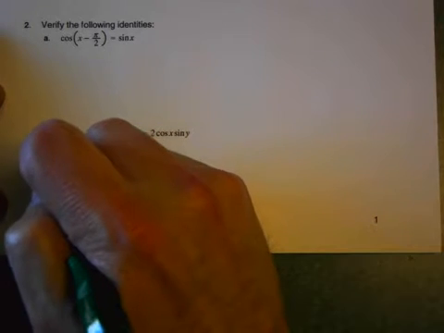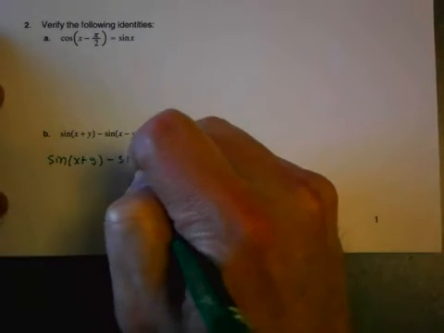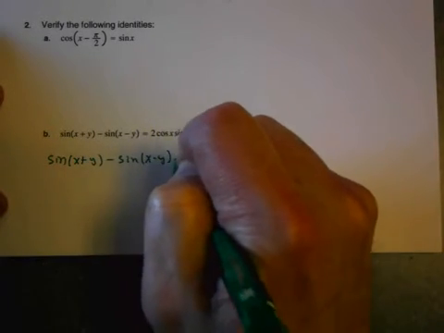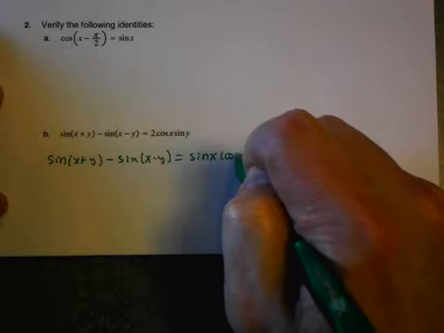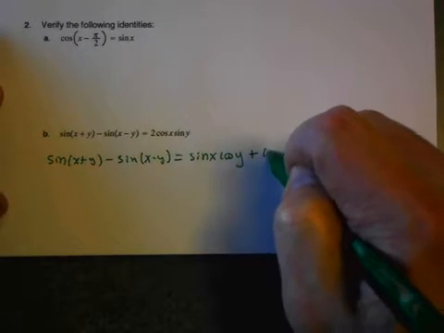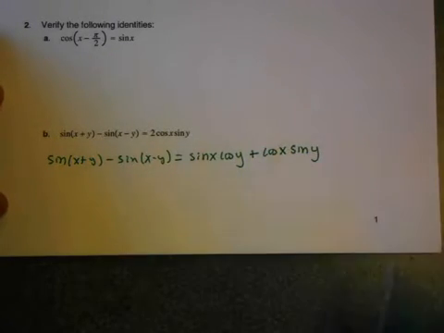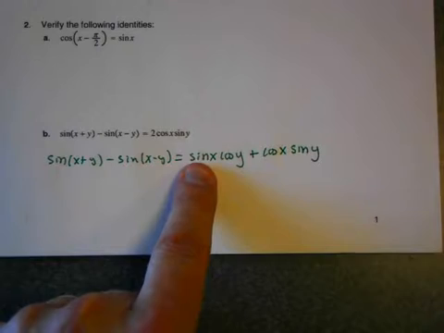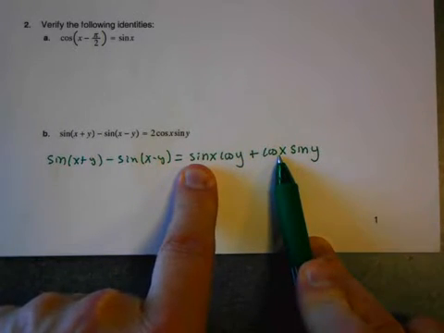So this left-hand side, sine of x plus y minus sine of x minus y. This should have been sine x cosine y plus cosine x sine y. They flip. So this one has sine x, this one has cosine x, and that's where I screwed up before. You're absolutely right.